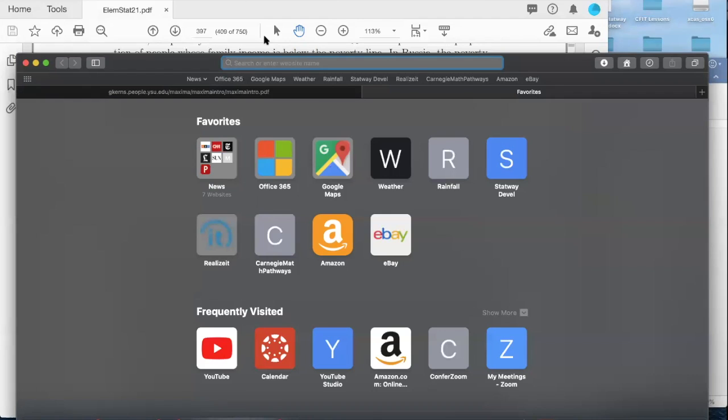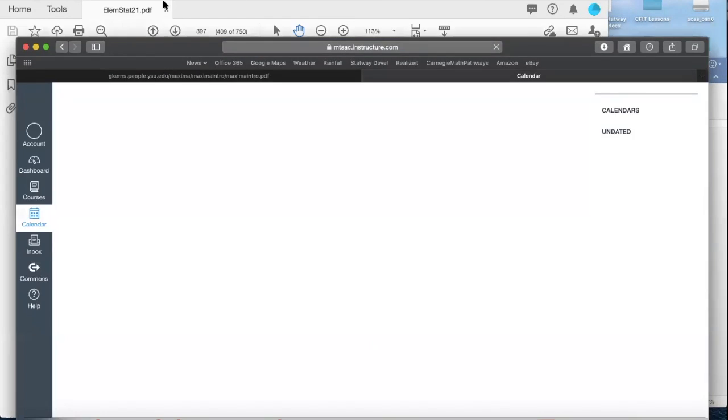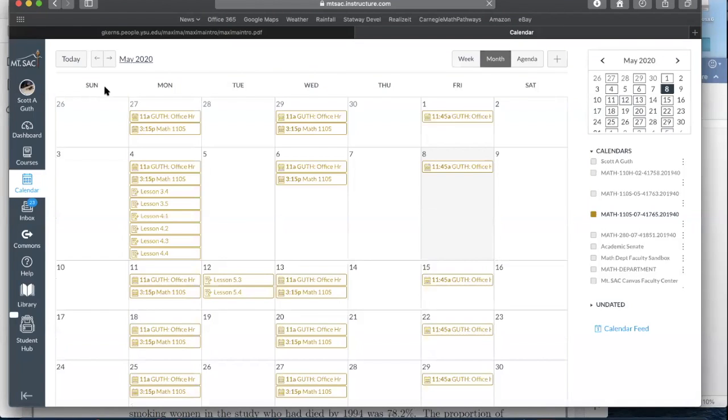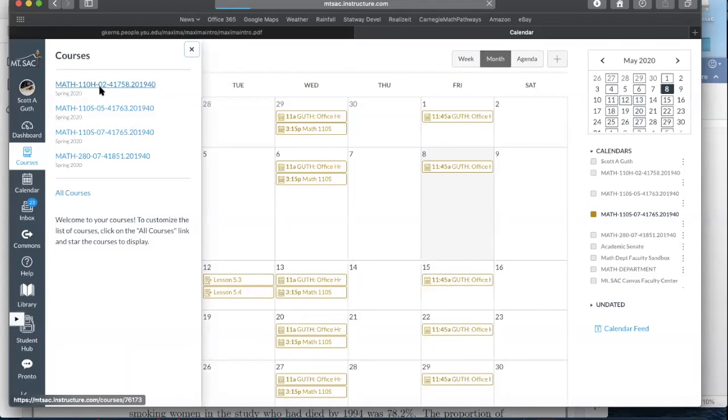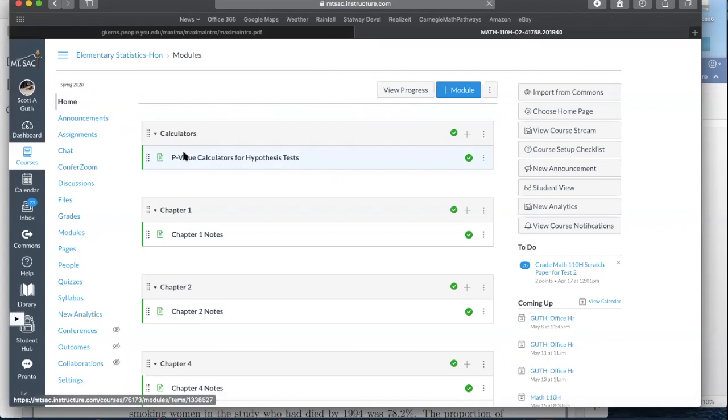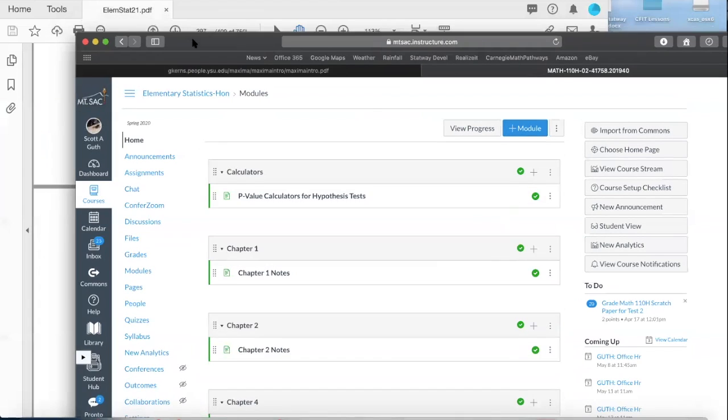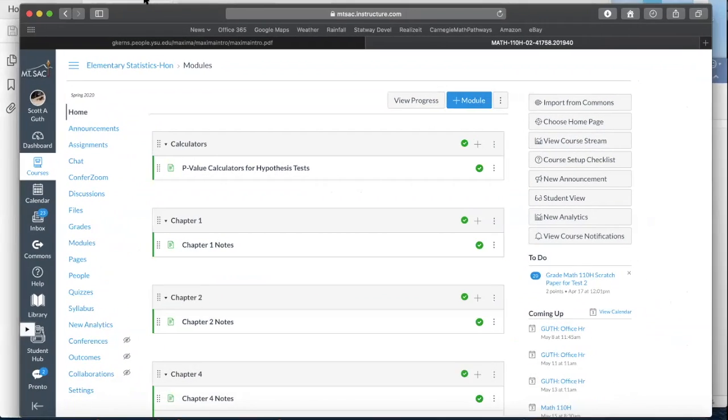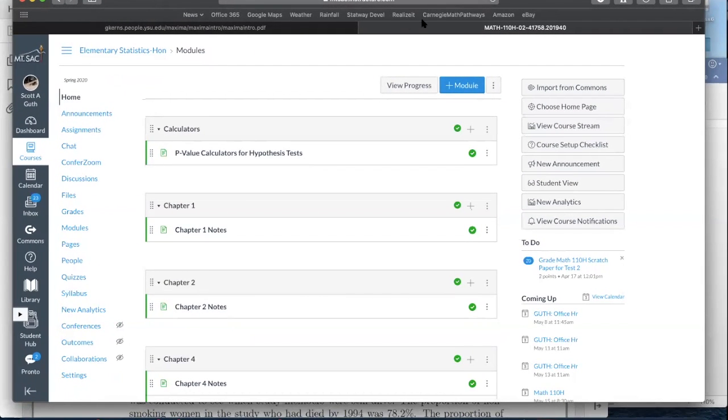Okay, so it's on Canvas. In the Math 110H, hopefully the first thing you see says p-value calculators. Are you guys seeing this? You're not. Okay, hang on.